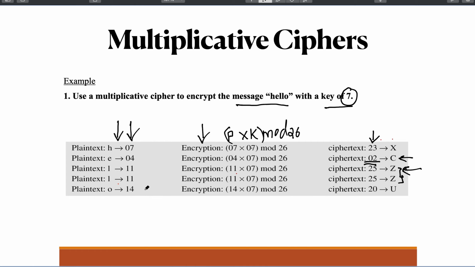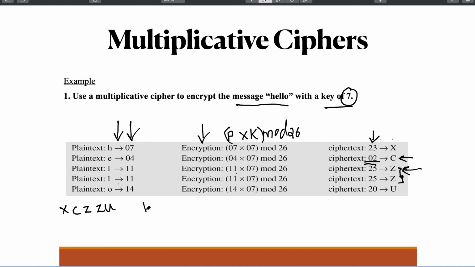And O is 14; 14 into 7 mod 26 will give you 20, which corresponds to the letter U. Now we get the ciphertext for hello as X, C, Z, Z, U.